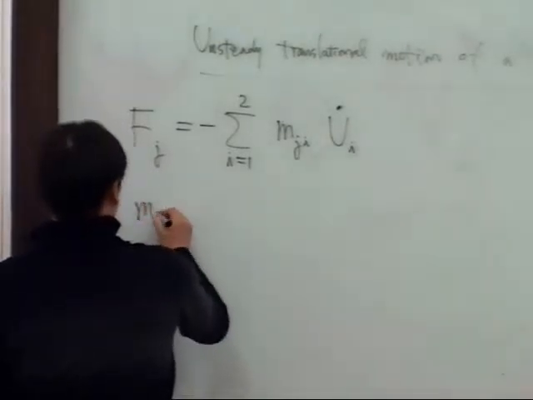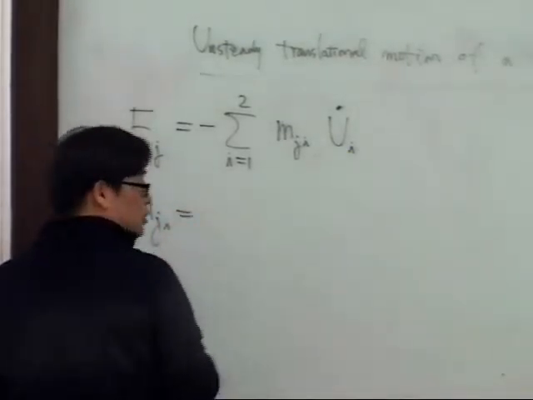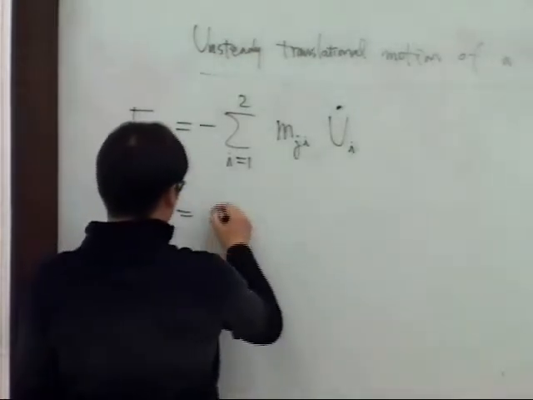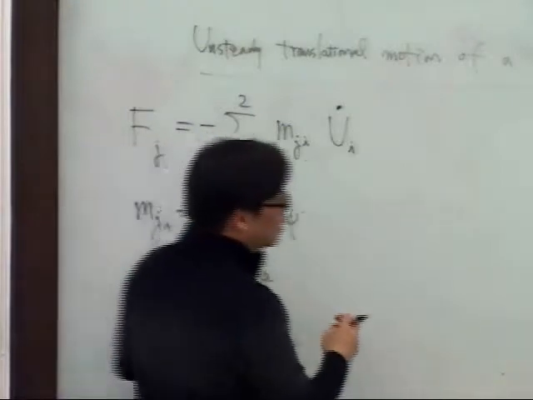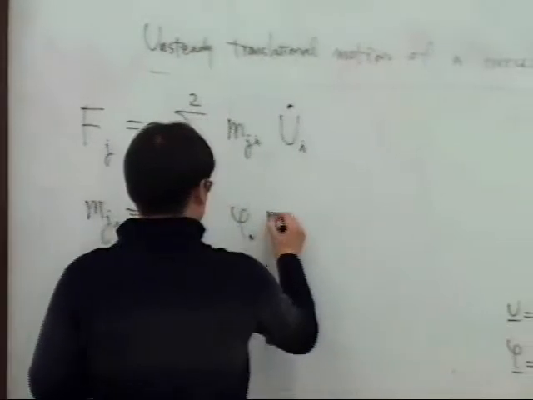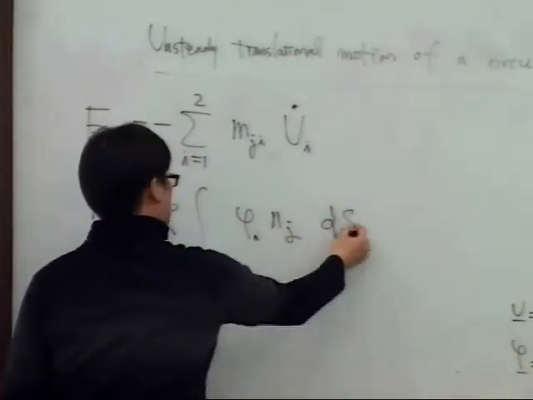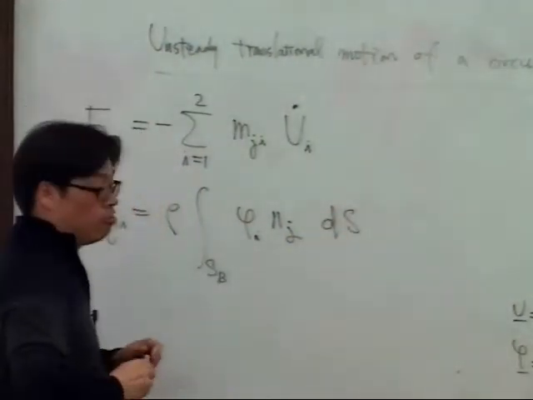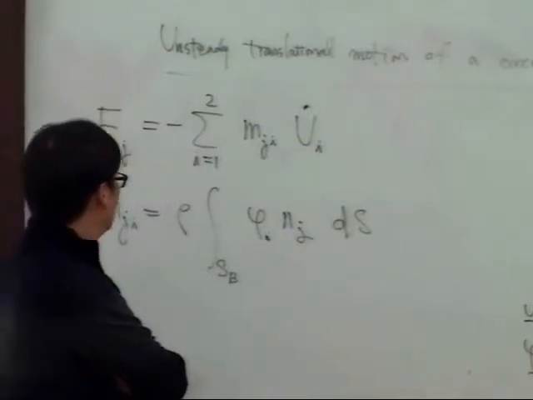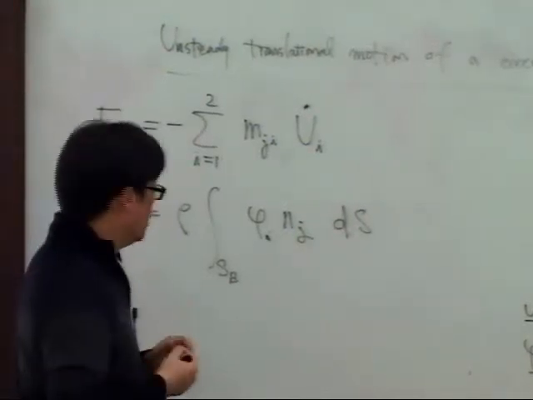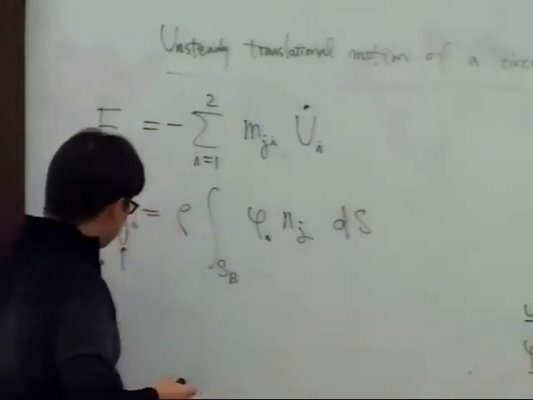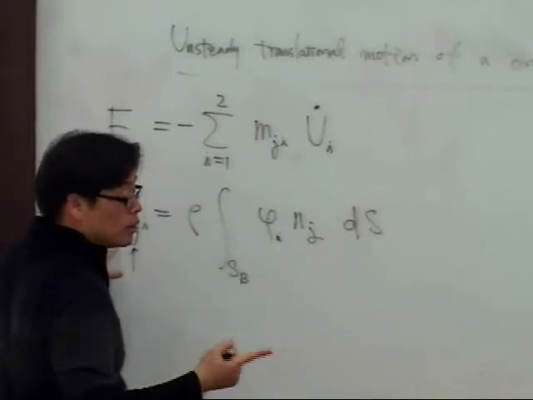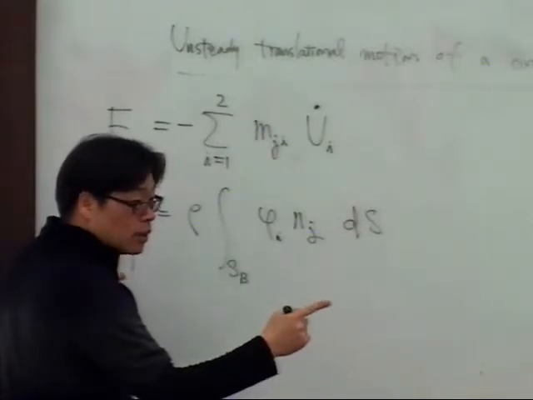So Mji is equal to rho integral over the body surface of phi_i n_j. The first subscript represents the direction of the force.